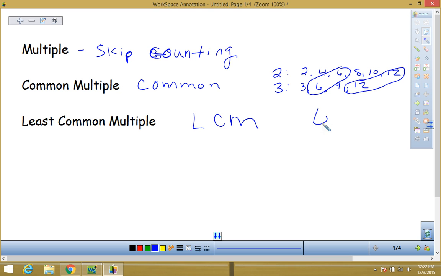The 6. So greatest common factor, we're looking for the biggest number that they share. But in common multiples, we're looking for the least common multiple that they share. Because again, if we were looking for the greatest common multiple, that would be huge. It'd be like never ending. Does this make sense? Okay?